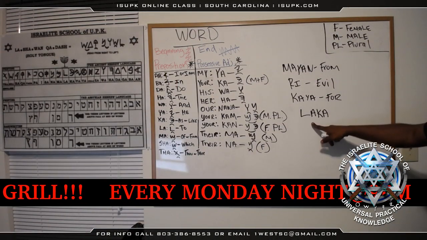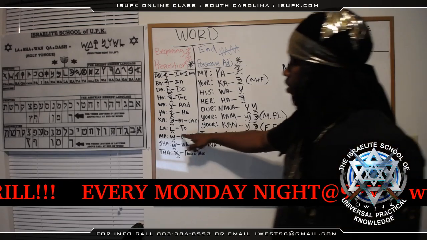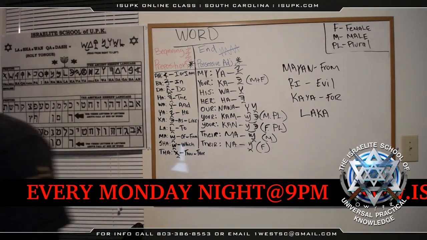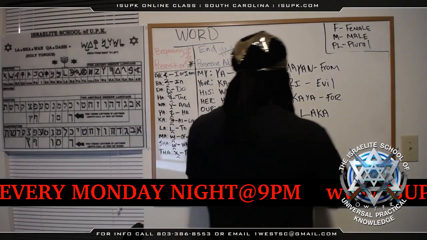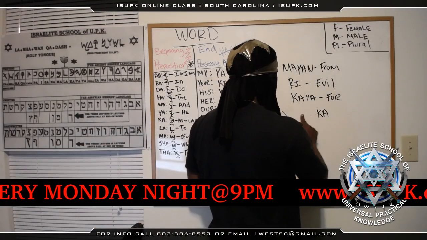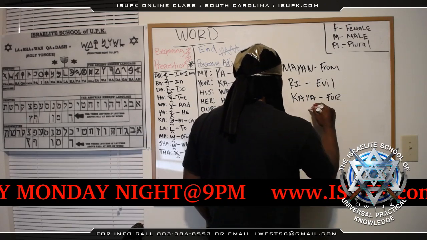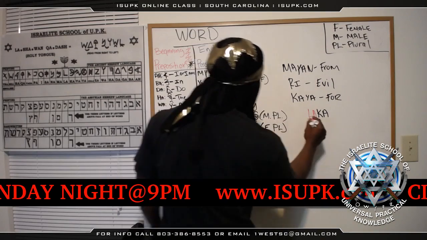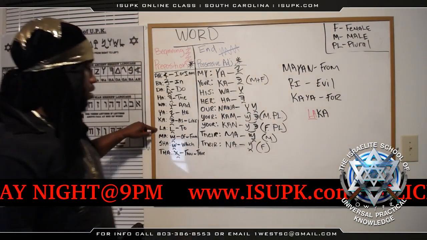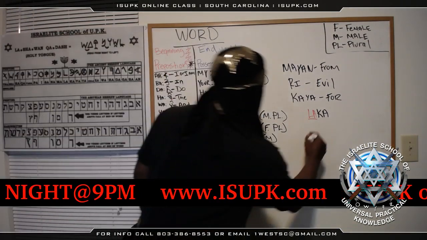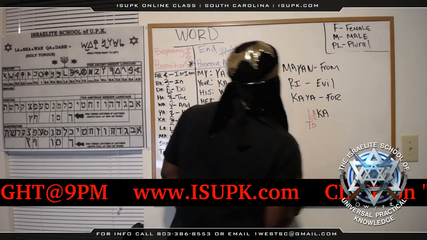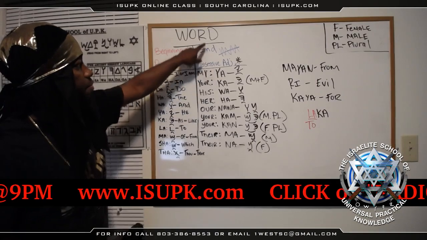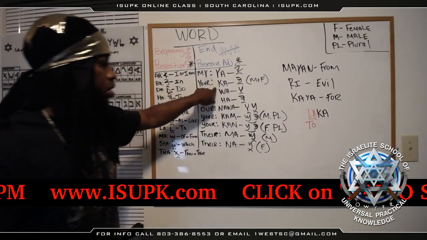So la is in the beginning, two, la, which means what? La means what? Two. Then we have ka at the end. The end is the preposition. Ka is your.